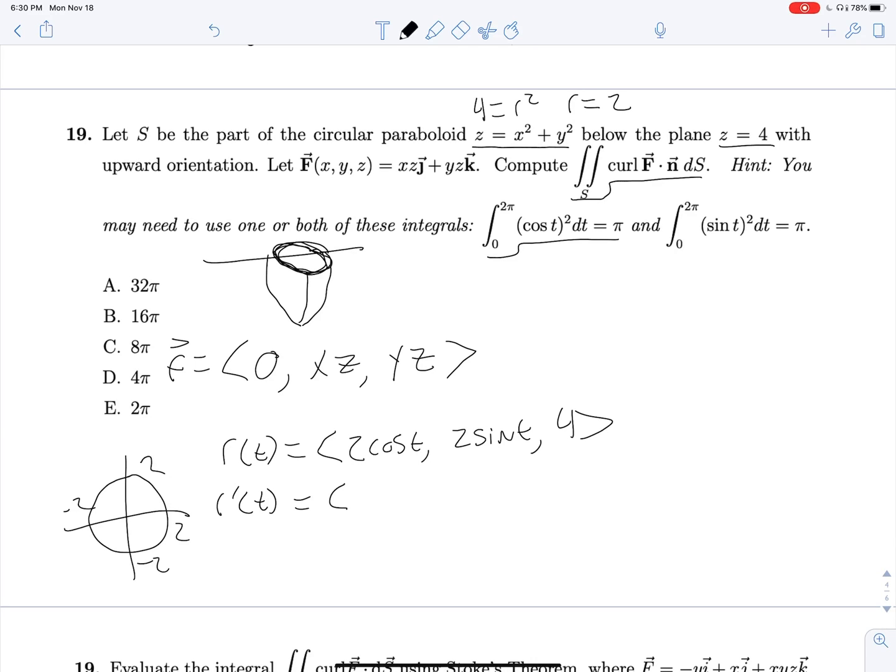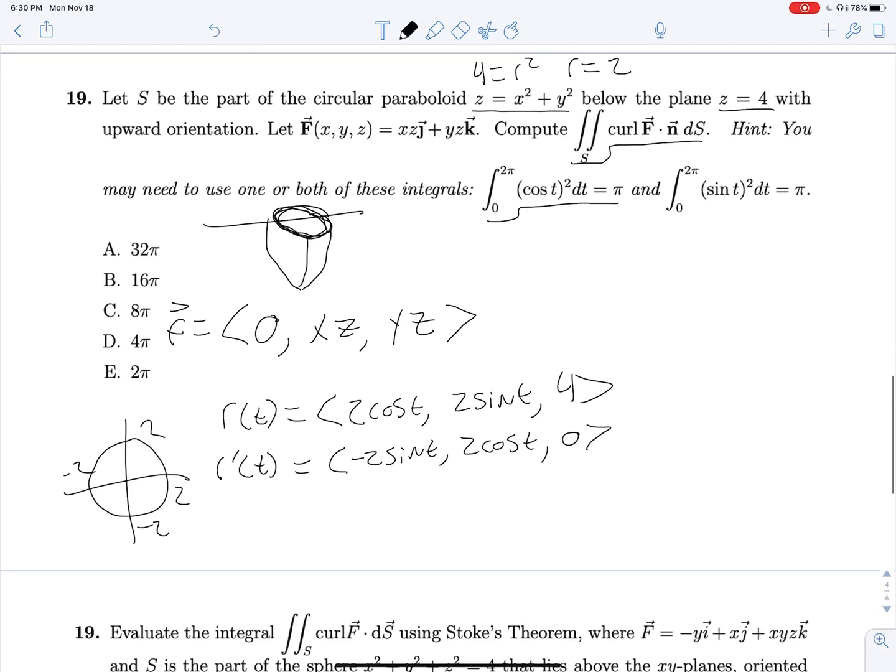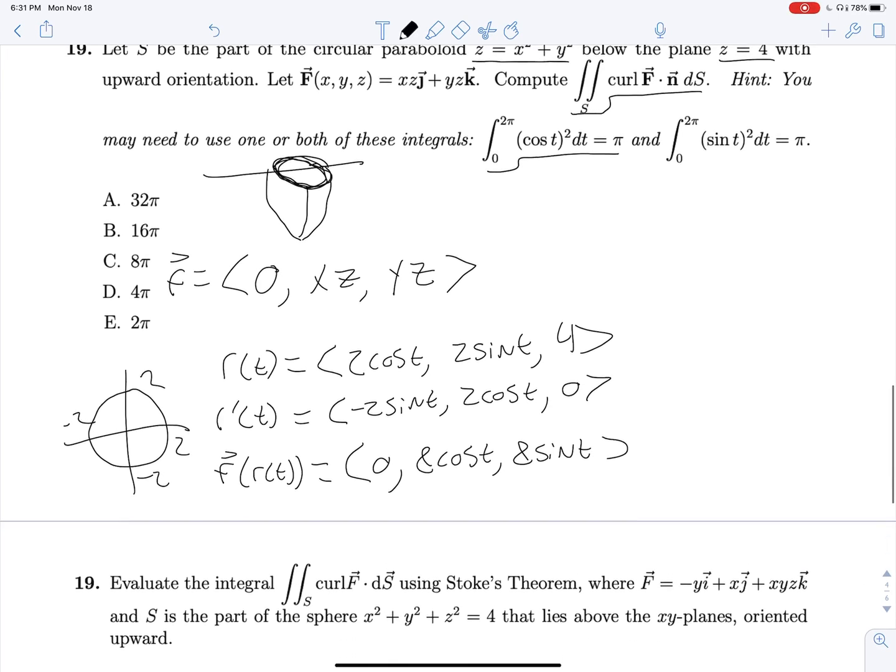So we need our dr, which will be -2 sine t, 2 cosine t, and 0. Okay, perfect. At this point, we just need to put everything together, and that involves finding f of r of t, which is going to be 0, comma xz, which is 8 cosine t, and yz, which is 8 sine t. There we go.